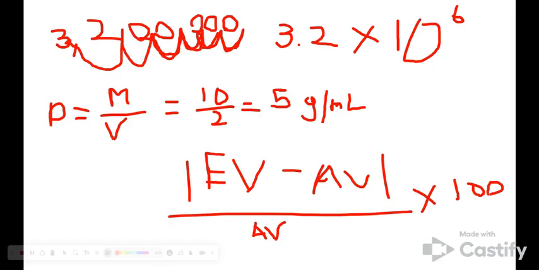A direct relationship is when both values increase together, like heat increasing and pressure also increasing. An inverse relationship is when one increases while the other decreases, for example distance increasing and gravity decreasing.